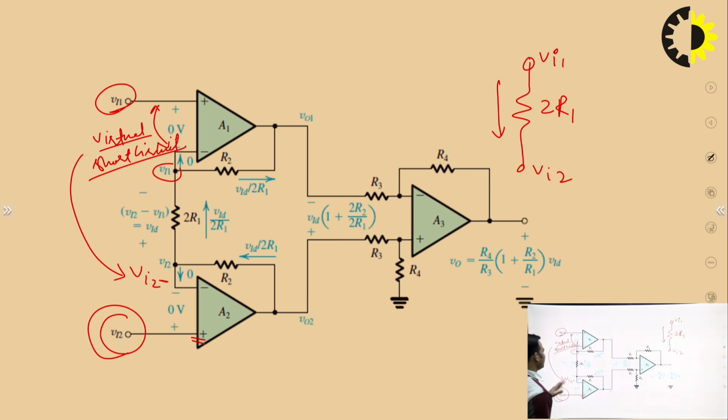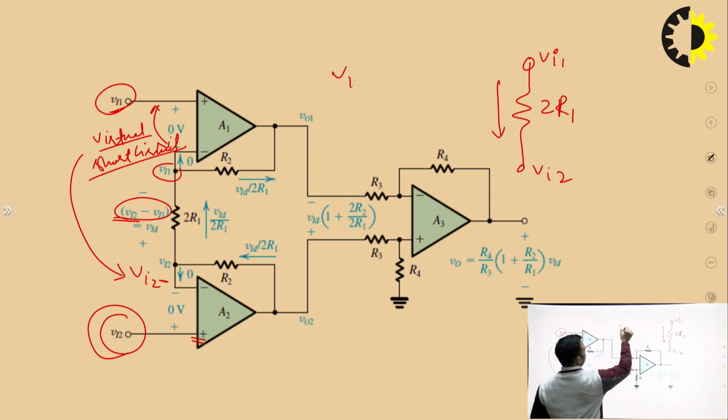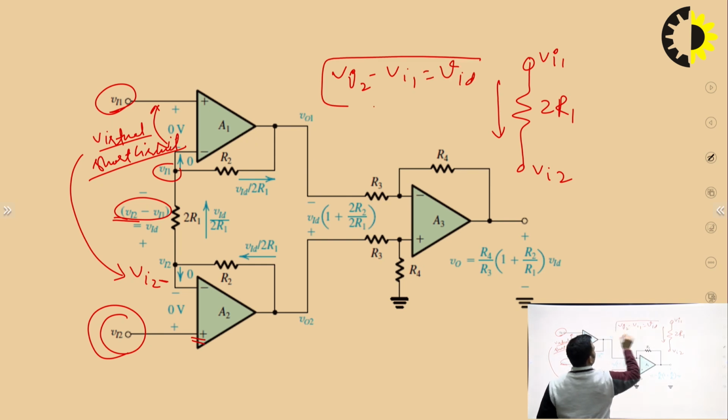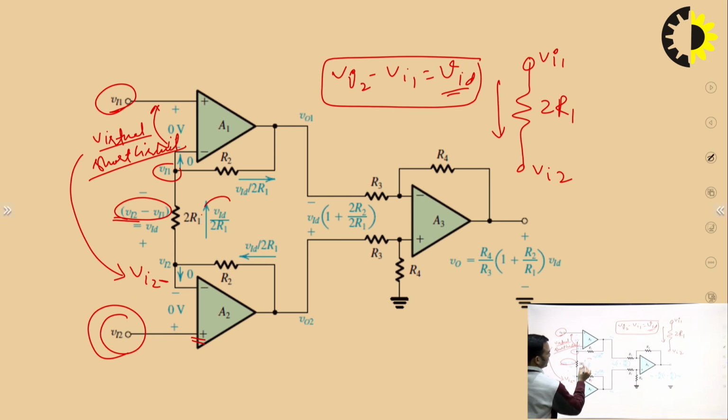So, current that will pass through this resistor will be equal to Vi2 minus Vi1 divided by 2R1, and Vi2 minus Vi1 is nothing but it is equal to Vid, differential input voltage. So, the current which is flowing in this resistor is Vid upon 2R1.